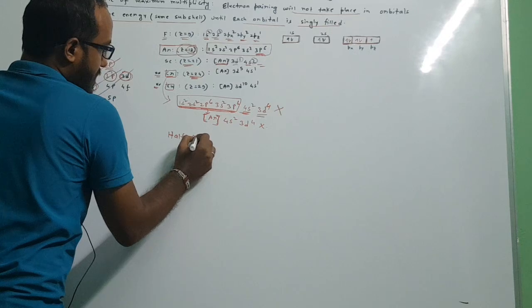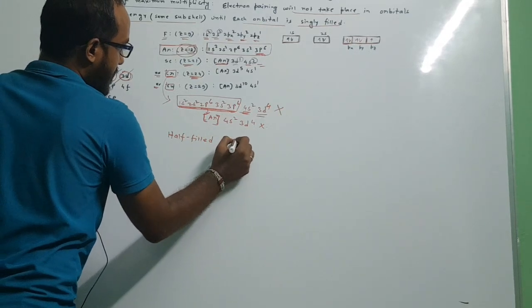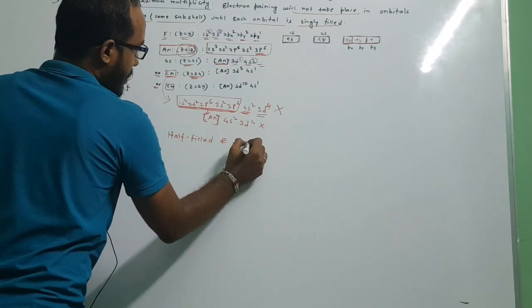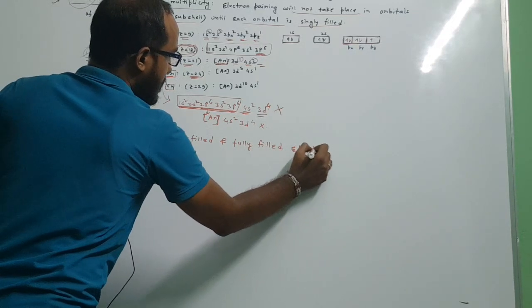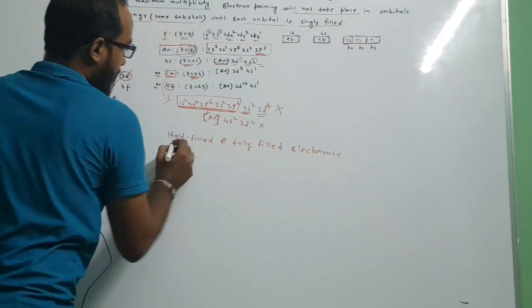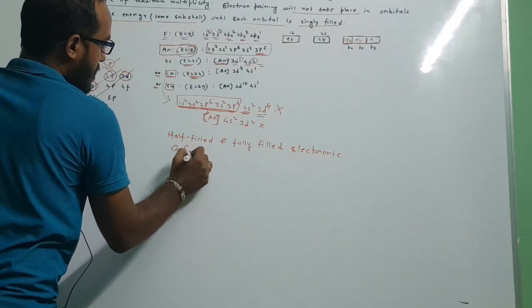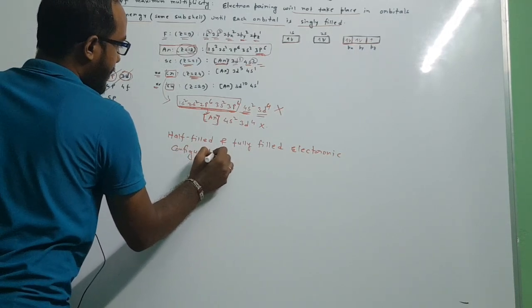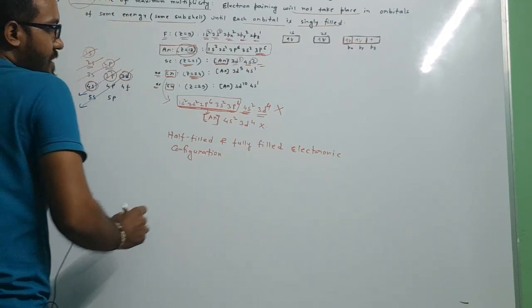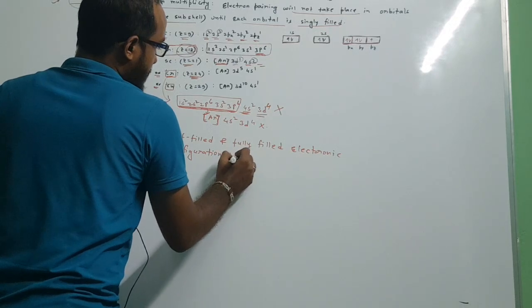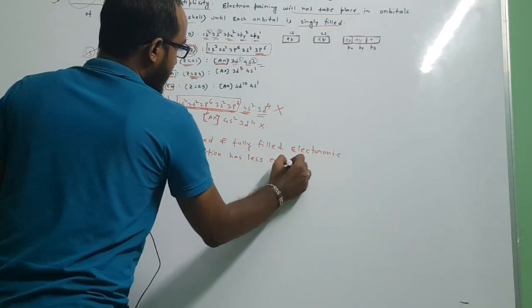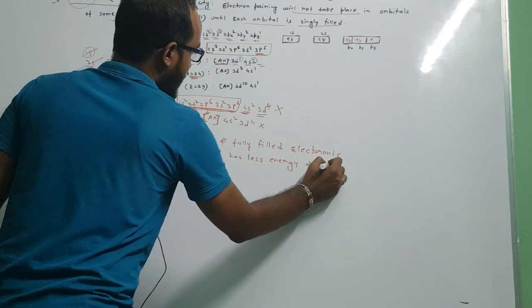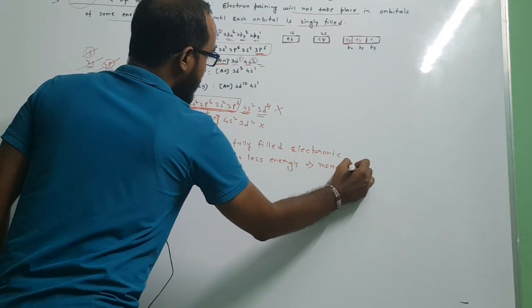Because half filled and fully filled electronic configuration has less energy. This means more stability.